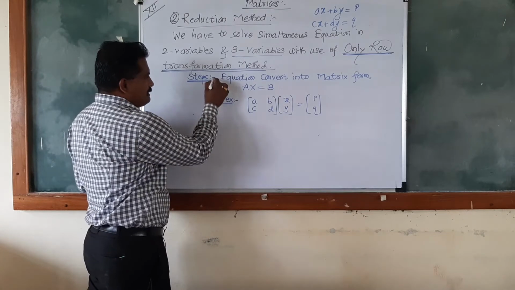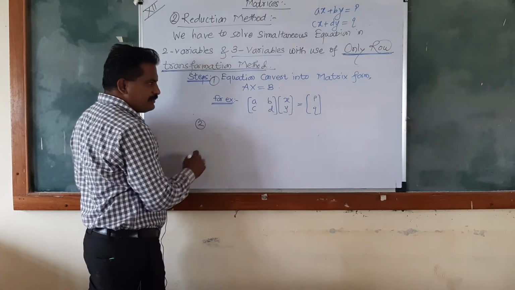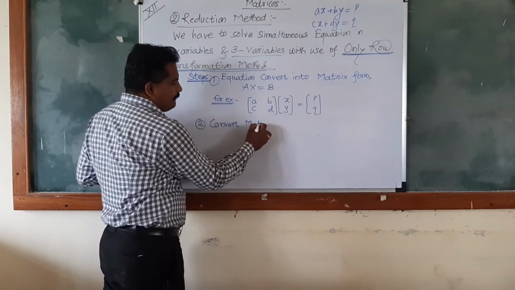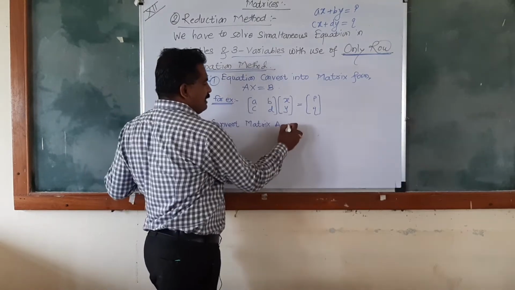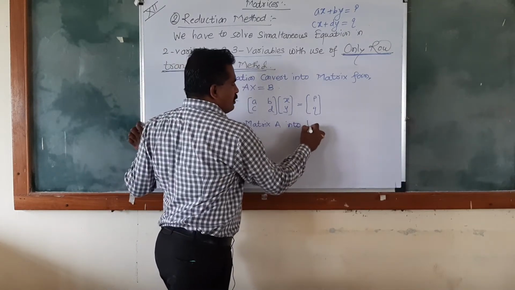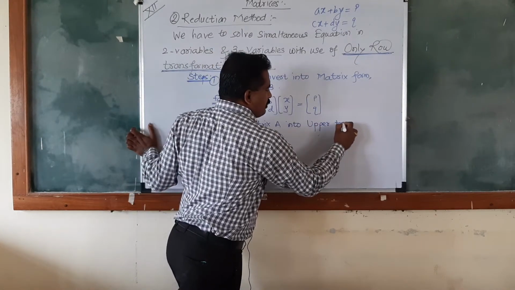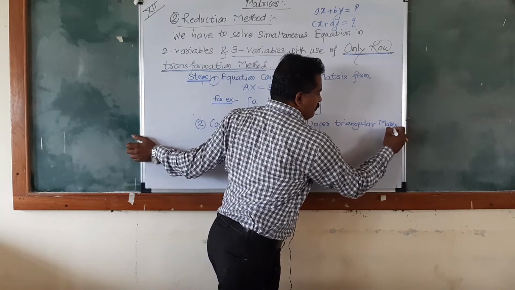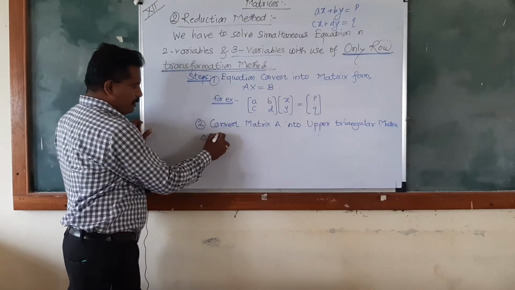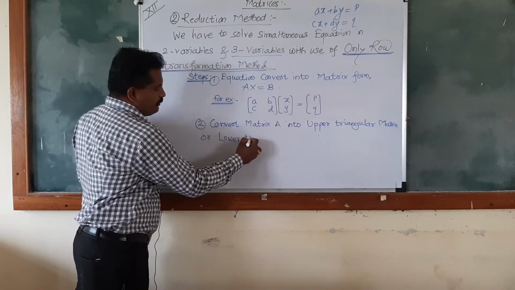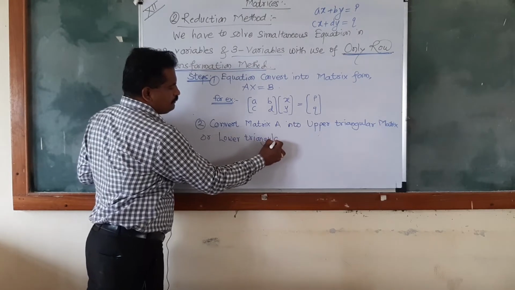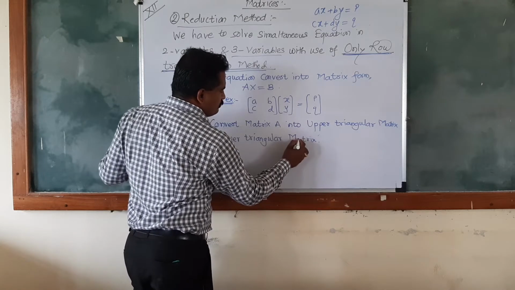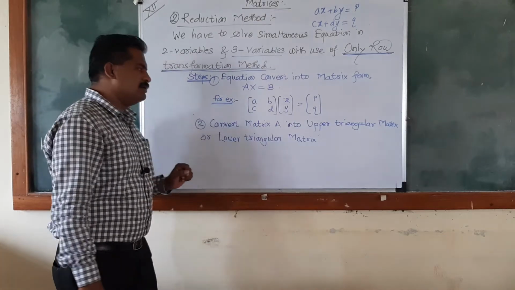Now, second step: convert matrix A into an upper triangular matrix or a lower triangular matrix.